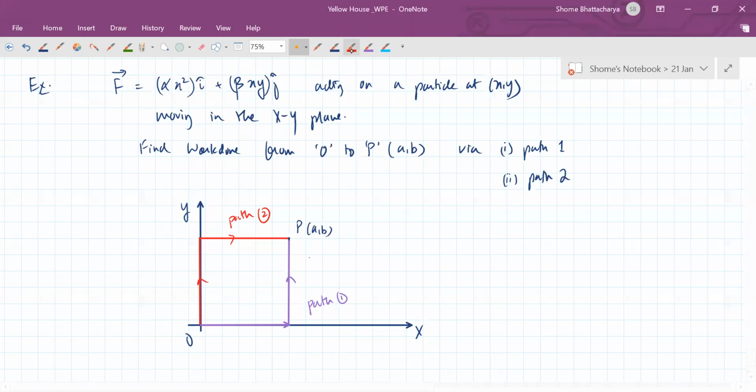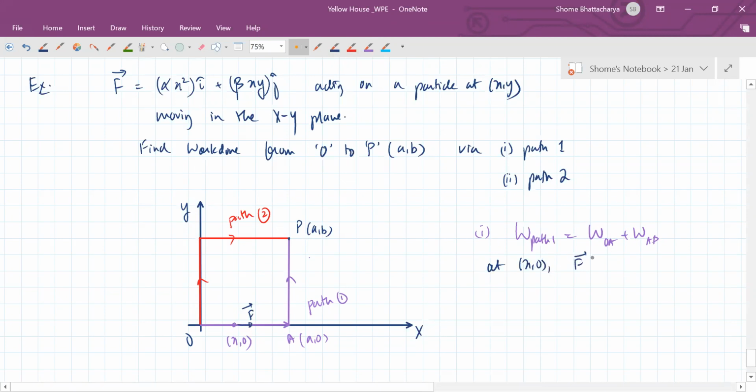So for path 1, let's name this point A. The work done by path 1 is work done from O to A plus work done from A to P. When you are at this position, the force is going to be like this, because the y coordinate has become 0.